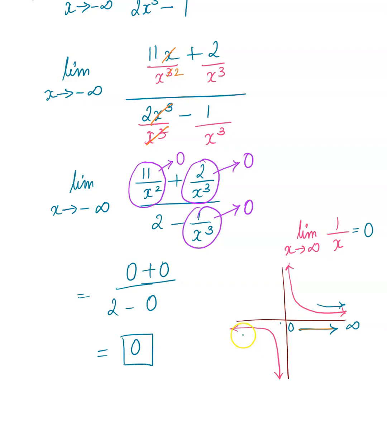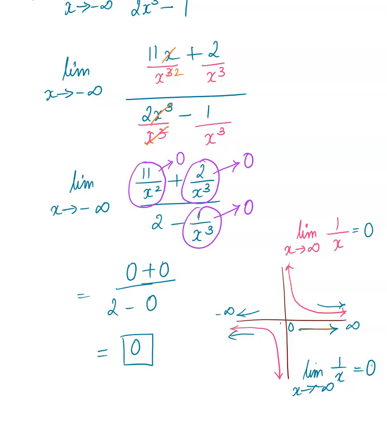Likewise, if you go in the negative infinity direction, as x becomes smaller and smaller on the left, you're going very close to negative infinity. Look at your pink graph. It begins to trail close to the x-axis once again, pointing to 0. So the limit of 1 over x as x approaches negative infinity is also 0.